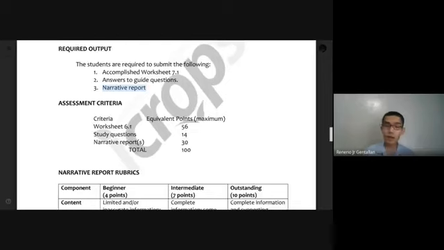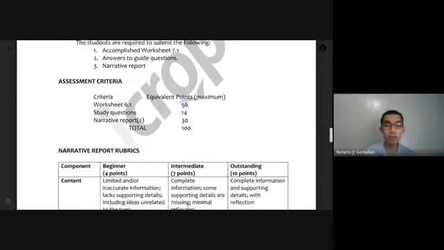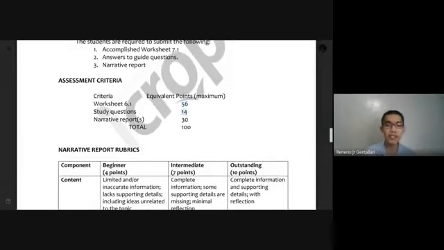The breakdown, this is not 6.1, kindly disregard. This is 7.1, which is equivalent to 56 points. Study questions is 14 points, and the narrative report is 30 points. It is 56 points because each cell inside the worksheet, which you will find, is around 3 points, and the reference would be 1 point.